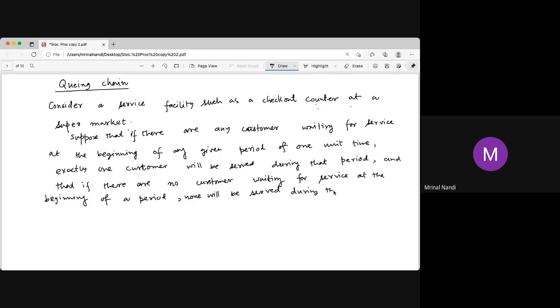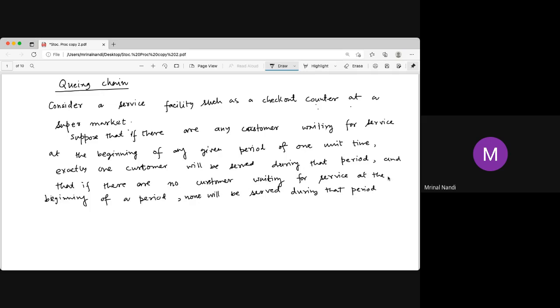So say 1 minute is needed for every customer. It starts at, say, 9, and at 9 there are three customers. After 3 minutes they will all be served and go, they just check out. So at 9:03 there is no customer.